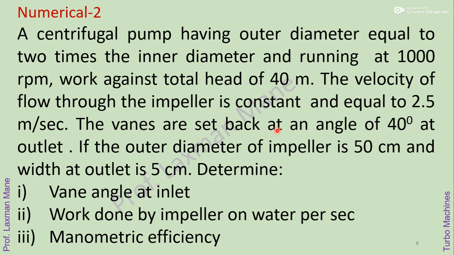The vanes are set back at an angle of 40 degree at outlet. If the outer diameter of the impeller is 50 cm and width at outlet is 5 cm, determine vane angle at outlet, work done by impeller on water per second, and manometric efficiency.